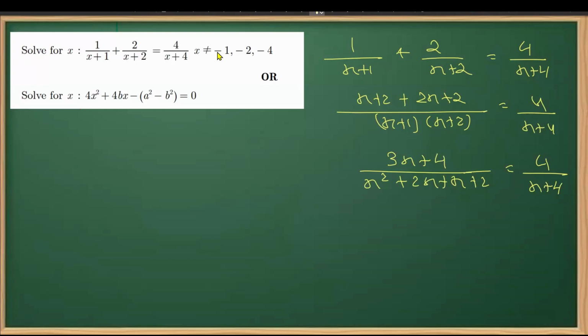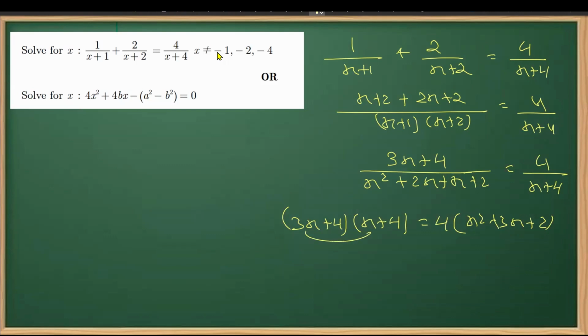Now we may do cross multiplication: multiplying 3x plus 4 with x plus 4. On the other side, it is 4 multiplied by x square plus 3x plus 2.